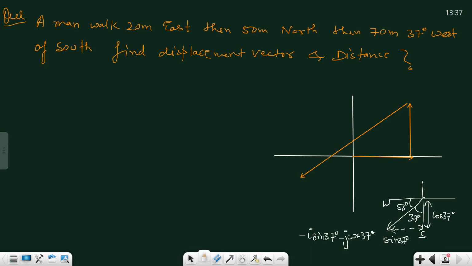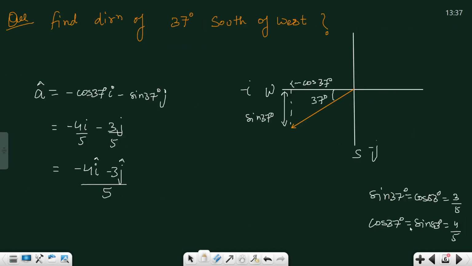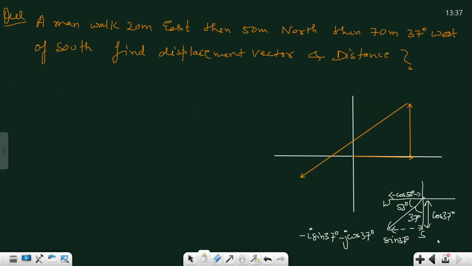The value of cos 53 degree is the same as sine 37. Yes, sir. है ना? I took minus i cos 53, and plus sine 37 of minus j.